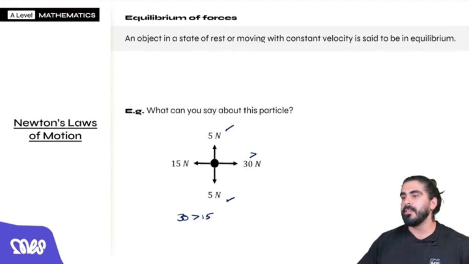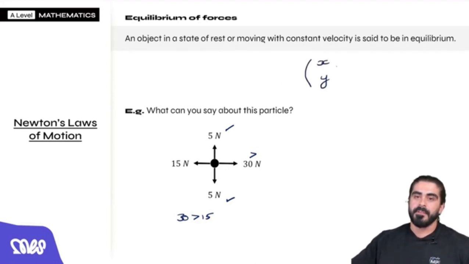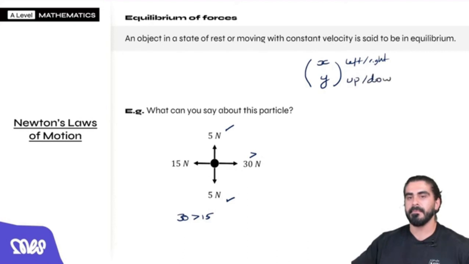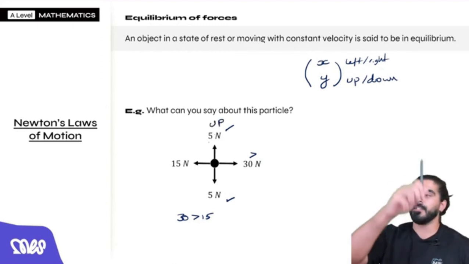But obviously we want to write this algebraically, and this is where vectors come into play. Now you remember from GCSE, column vectors. The top number represents movement in the x-axis, the bottom number represents movement in the y-axis. So this is left, right, and this is up, down. Now we can rewrite all of these as vectors. The up vector 5 is going upwards in the y-axis.